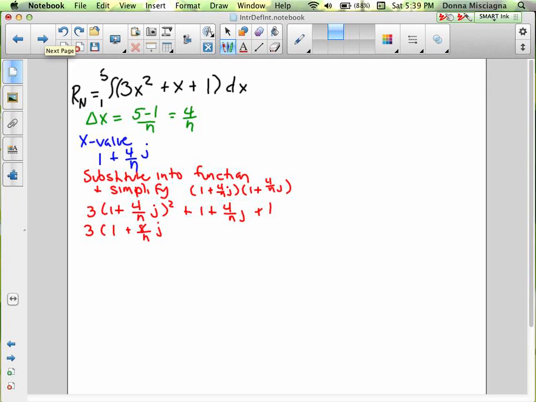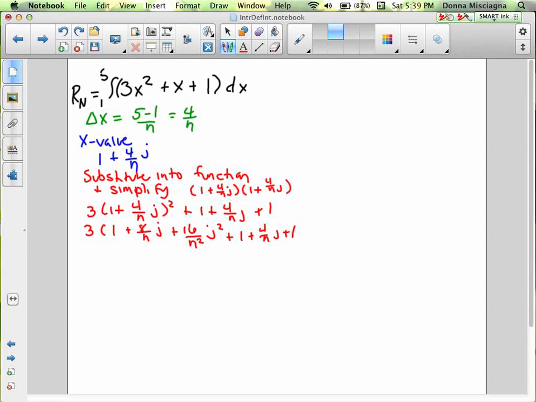And then we would have 4 over nj times 4 over nj, that would be 16 over n squared j squared. Plus we have a 1 and a 4 over nj and another 1.